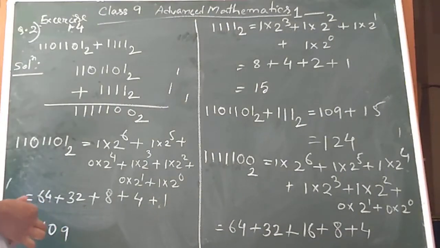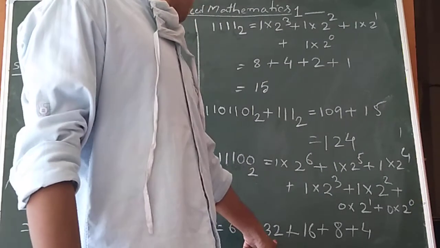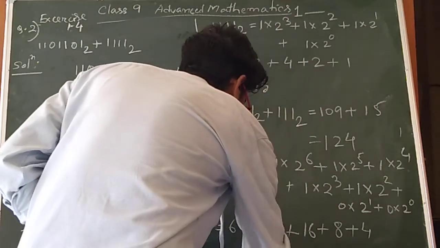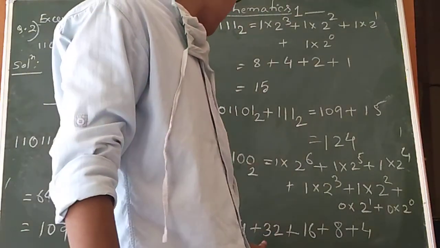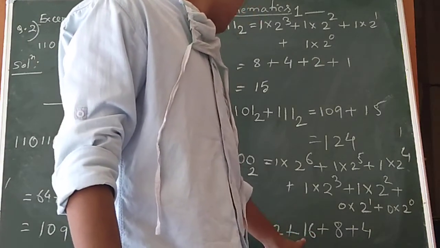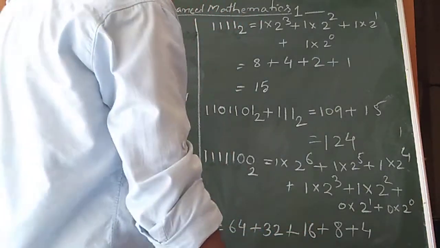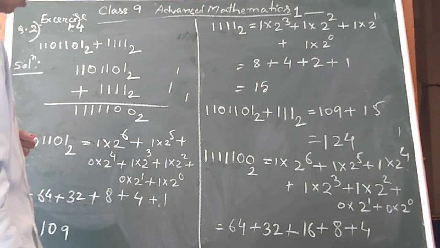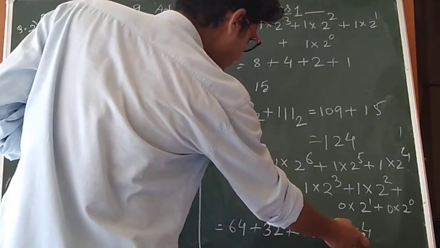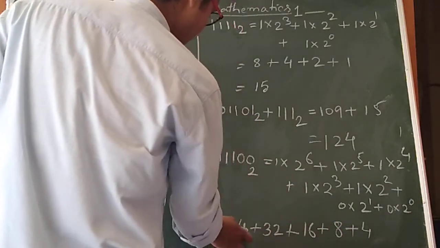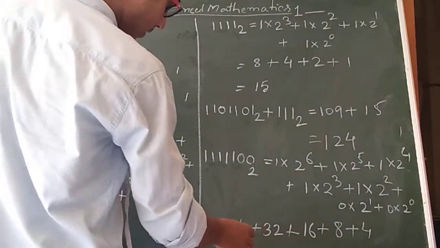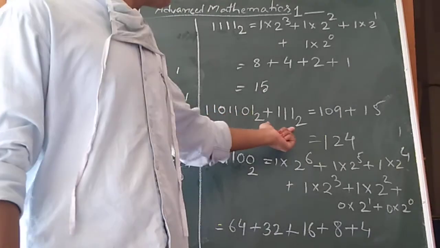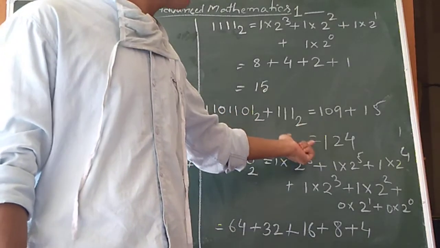So you have to add them: 64 plus 32 is 96, plus 16 is 112, plus 8 is 120, plus 4 is 124. That is 124. So you see the result is 124.